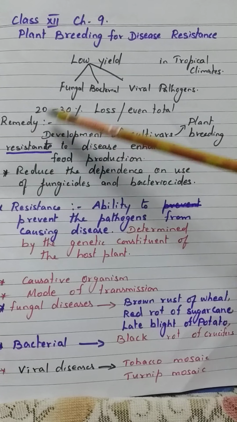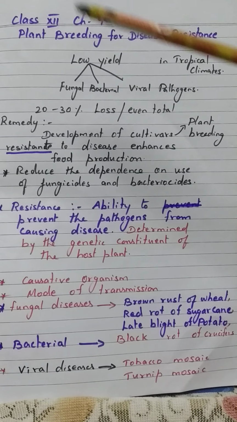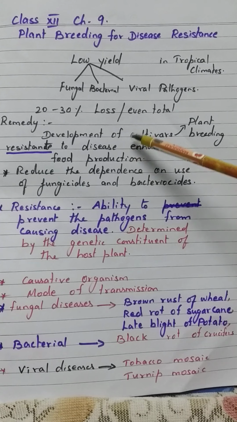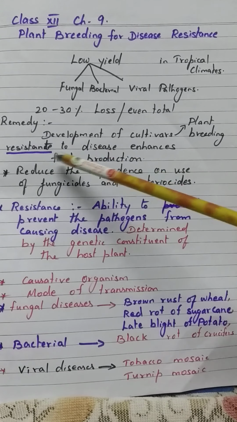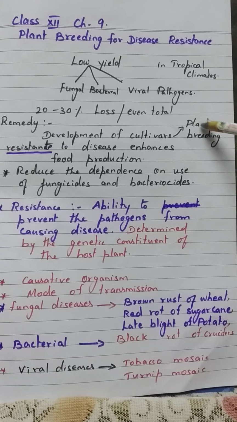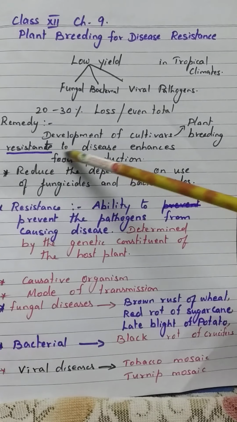So, to reduce this low yield, we have to develop some hybrids that are resistant against diseases. The development of cultivars, that is hybrids, by plant breeding techniques makes them resistant to diseases.